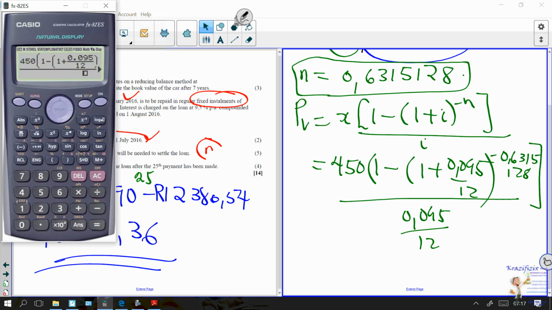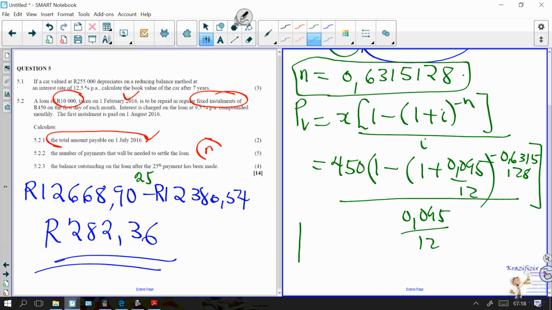And then I need to close the bracket. Remember, if you don't close the bracket, you're going to get an error on your calculator. And what do I have here? Hold on. I need 0.095 divided by 12. So what does it give you? 282.36.